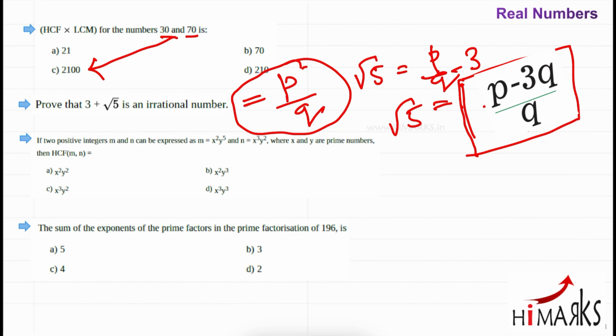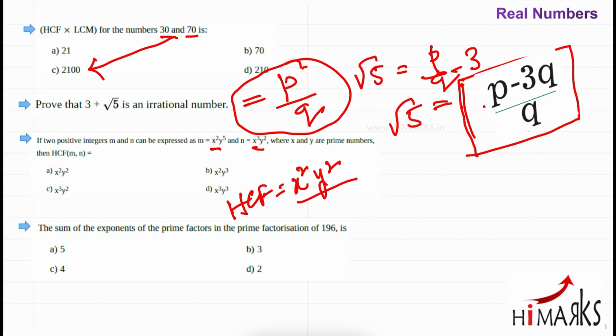Here, for the integer, express this number's HCF. HCF means the common part. For x square and x2, x square is common. For y5 and y square, y square is common. So HCF of these two numbers m and n will be x square y square.